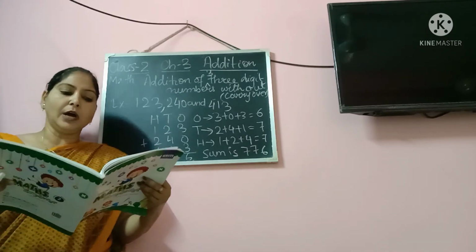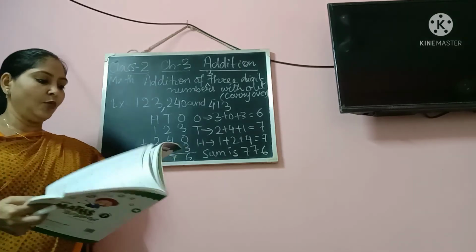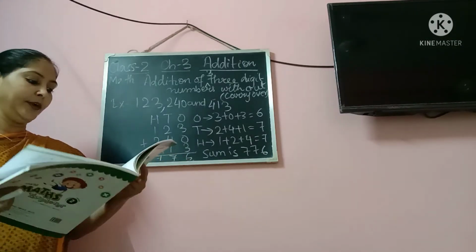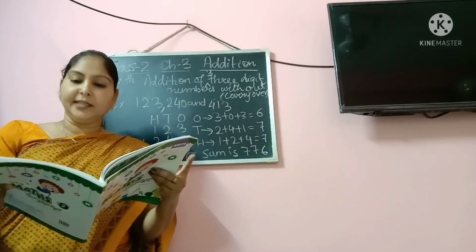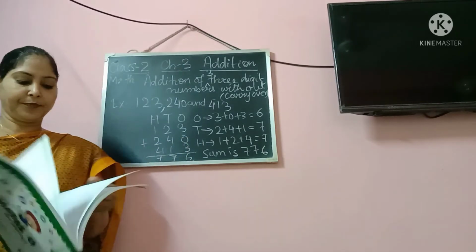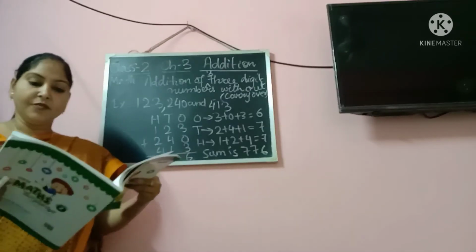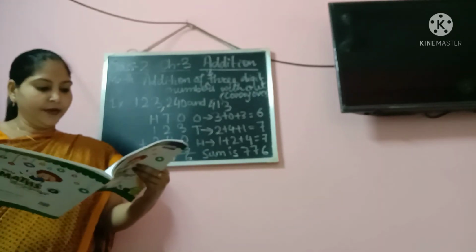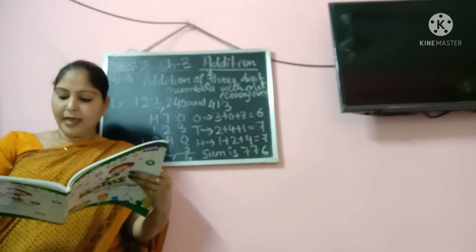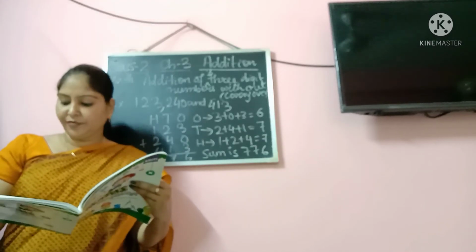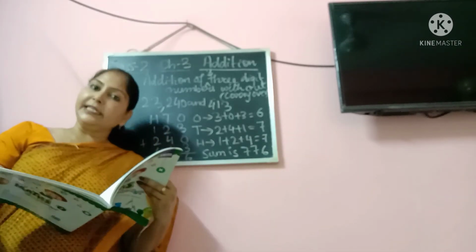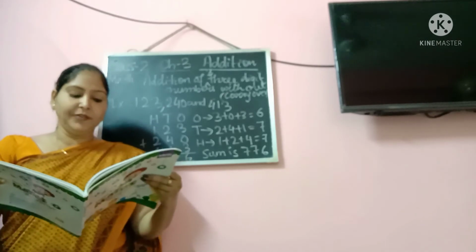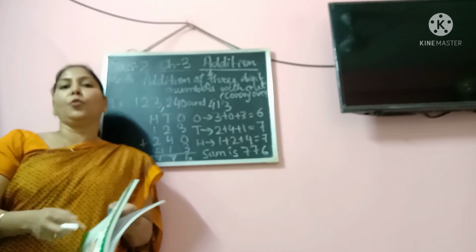Okay, so I am not giving you much work. What you can do is, you can do page number 48, 49, 50, 51, 52, 54. That's all. Because 55 I will teach you in the next class. So till page number 54 you can do it in your book.